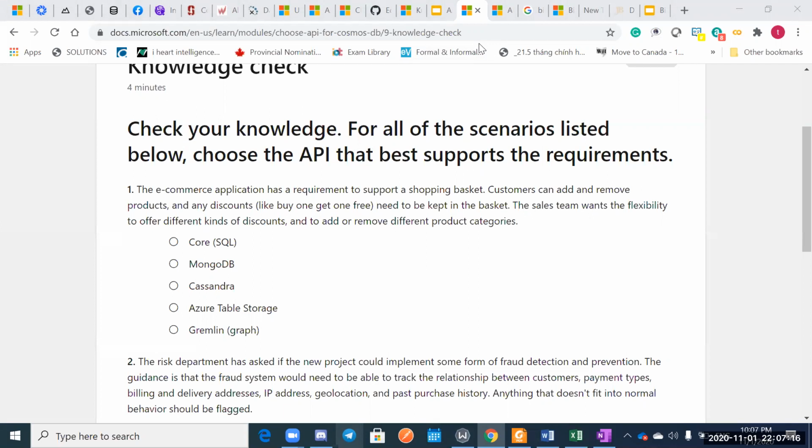So let me write this for you. If the existing application is in MongoDB, Cassandra, or Table Storage, so use the matching API.